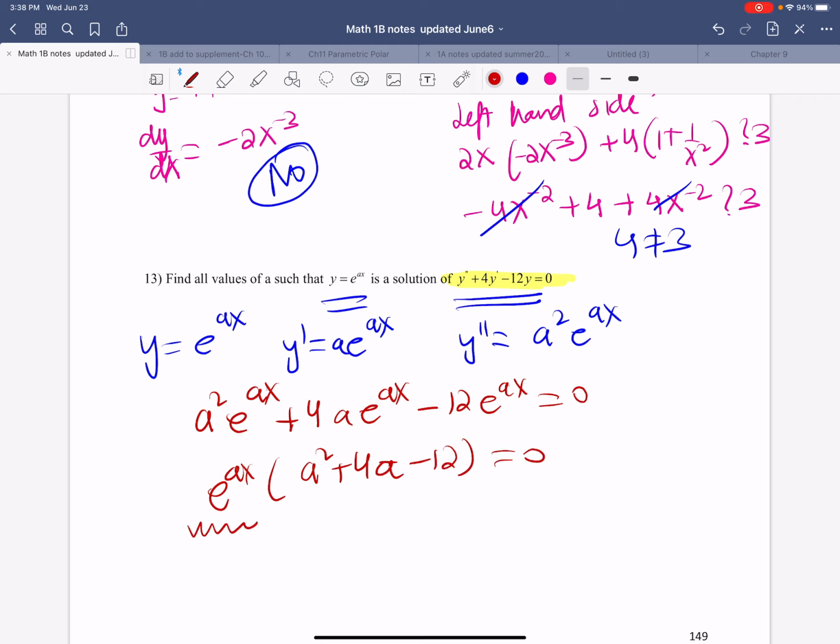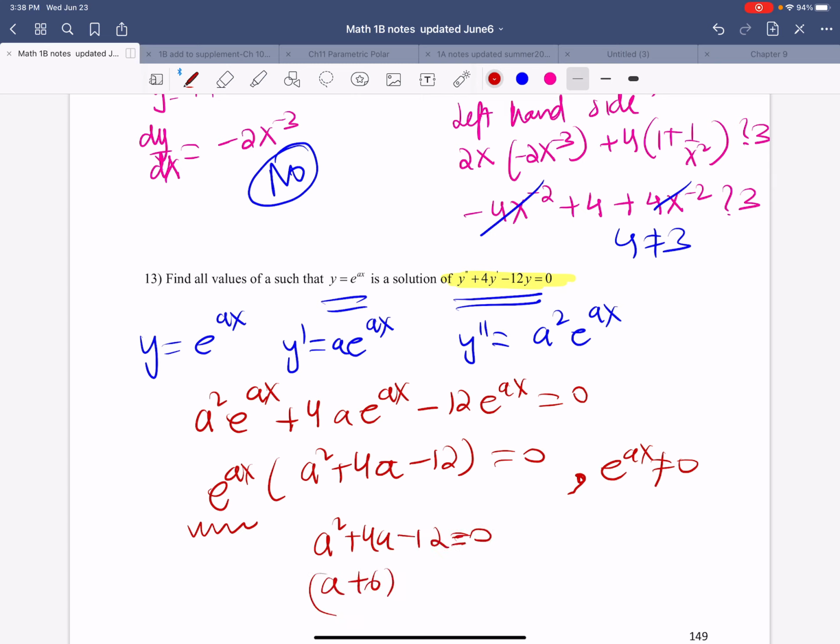Now e to the power ax is never 0. Exponential functions never take on the y value 0, because y equal to 0 is the horizontal asymptote for exponential functions. So that means a squared plus 4a minus 12 is 0.